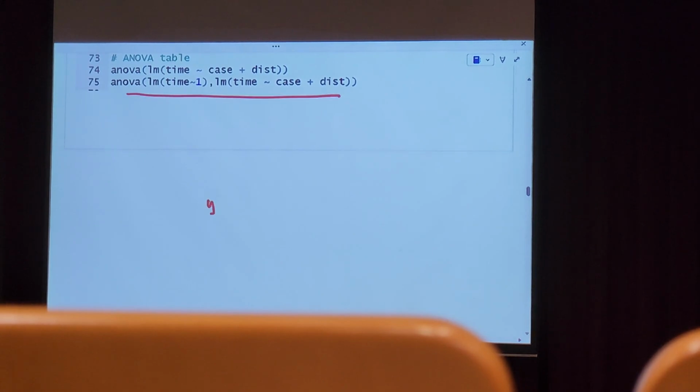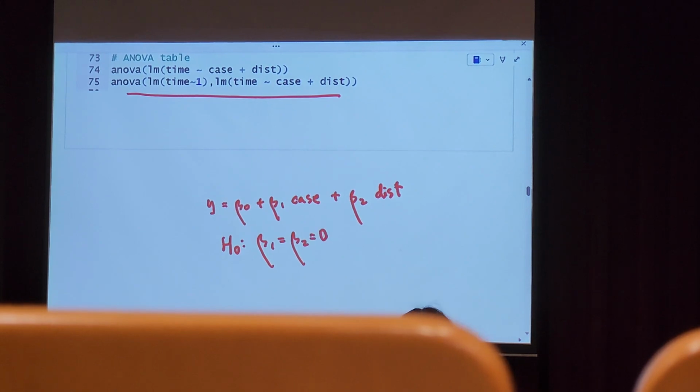So the model is y equal to beta naught plus beta 1 times case plus beta 2 times distance. Here, I want to test whether beta 1 is equal to beta 2 equal to 0, both of them 0. And the alternative hypothesis is that at least one of beta 1 and beta 2 is not 0.